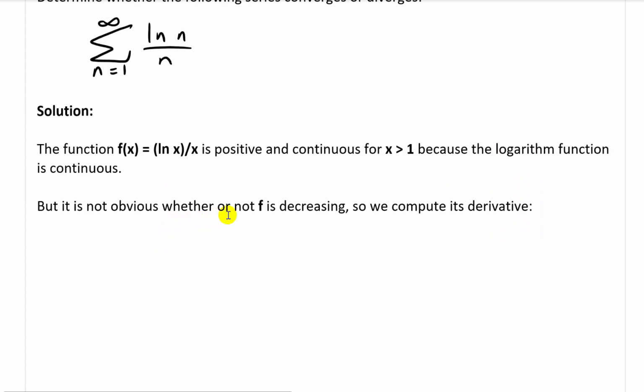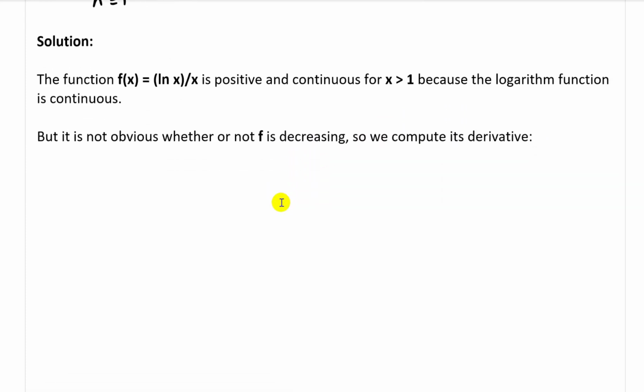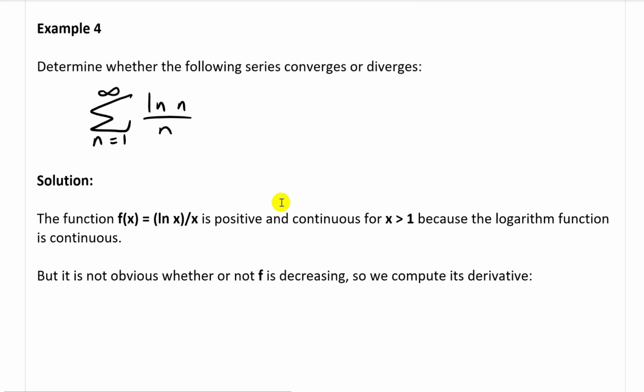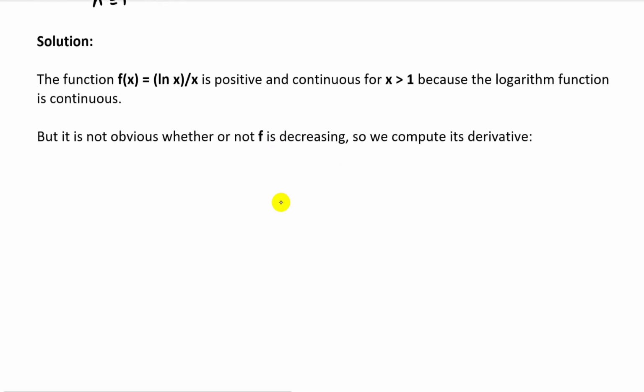But it is not obvious whether or not f is decreasing, so we compute its derivative. You can see in earlier videos that the logarithmic function is continuous. But again, this function is not necessarily increasing, because it's divided by the x term there. So if we look at the function version of the series, f of x equals ln x over x, first I'm going to recall the derivative of the ln function.